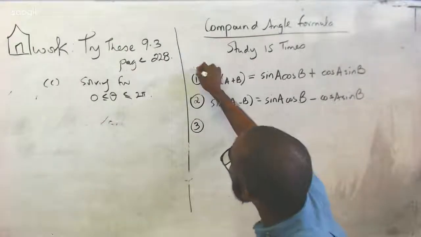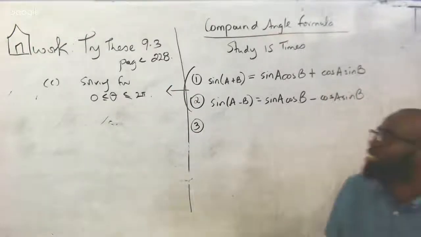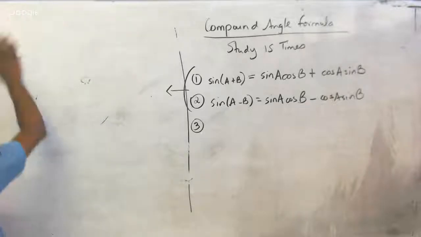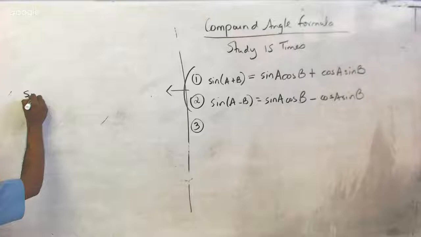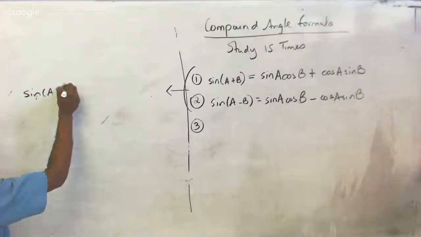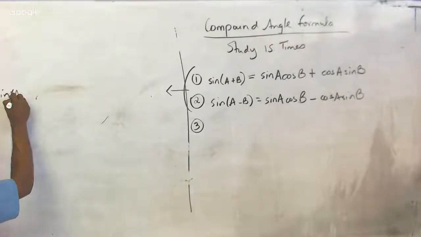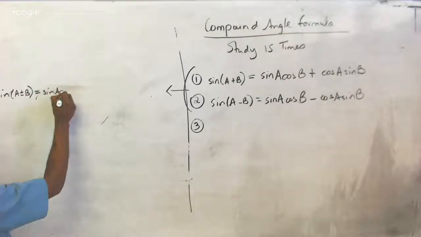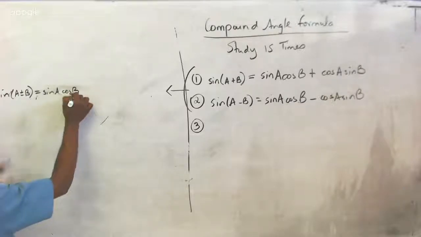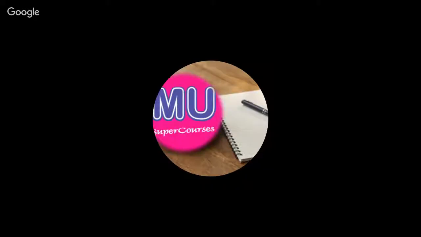Hold on. So how do you look at the formula sheet? I'm going to show you over here. On the formula sheet, it looks like sine of A plus or minus B equal to sine A cosine B plus minus, in the same order, plus on top, minus on bottom, cosine of A, sine of B. How do you read it?